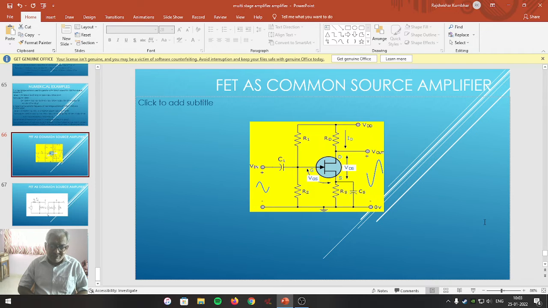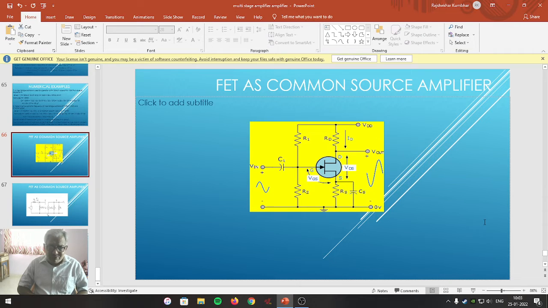Each configuration has its own specific properties. In accordance with that, FET also has some additional aspects when it is used as an amplifier. Now we are going to study how FET acts as a common source amplifier.